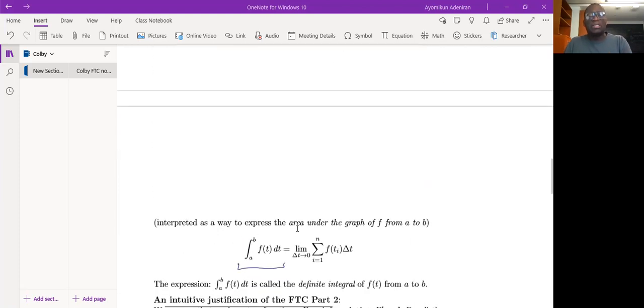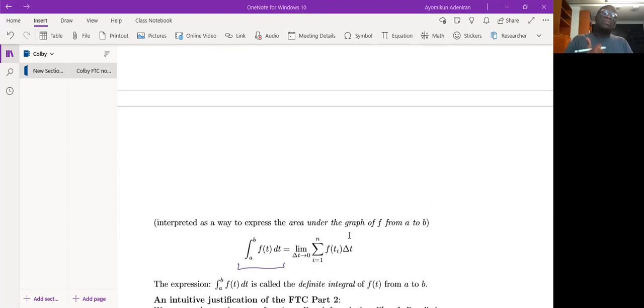So that's what we have here, that the integral, the area under the graph from A to B, is exactly the limit of the rectangle sums, the areas of the rectangles. When you take the sum of the areas of all of those rectangles, you get an approximation.